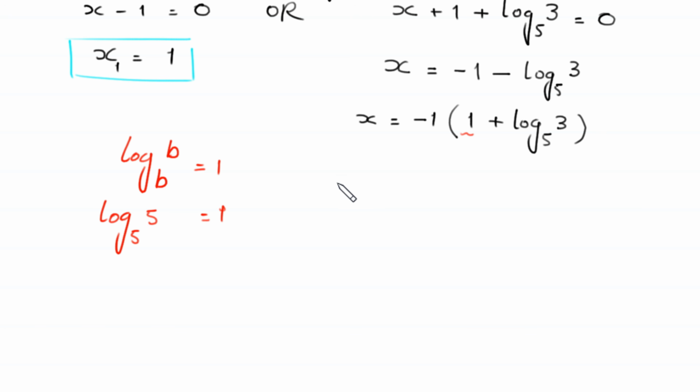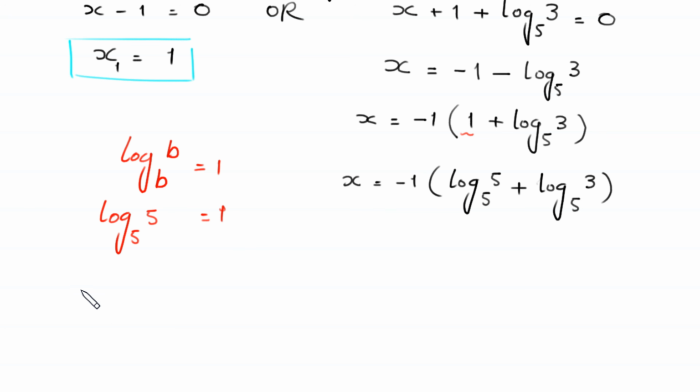So this expression will become x is equal to negative 1 times, we replace this 1 with log base 5 of 5, plus log base 5 of 3.